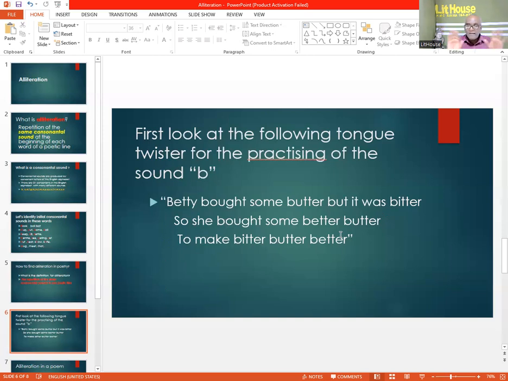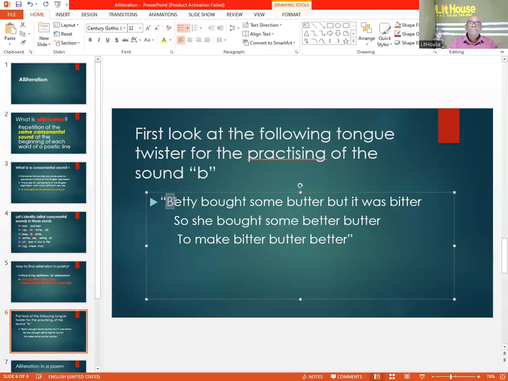You will never identify, never feel sound devices unless you read the poetic line loudly. You must speak loudly so as to be heard by your own ears. Betty bought some butter, but it was bitter. What is the common consonant sound you hear?